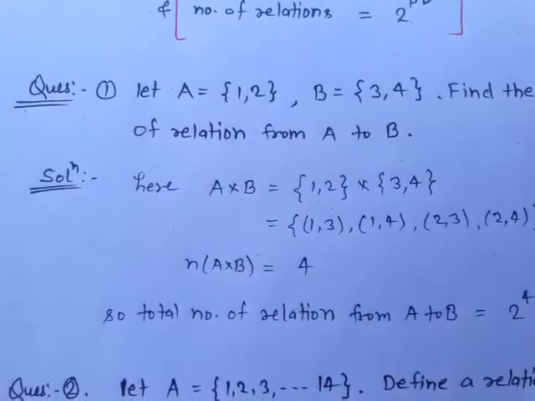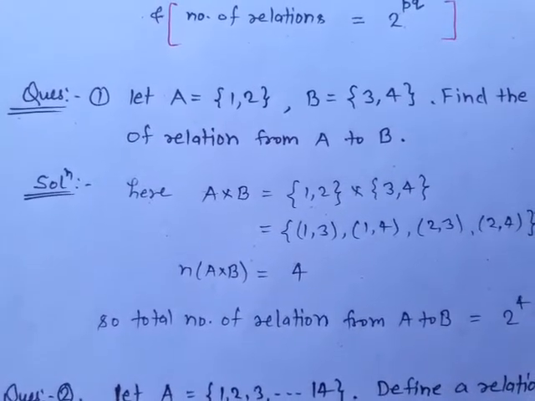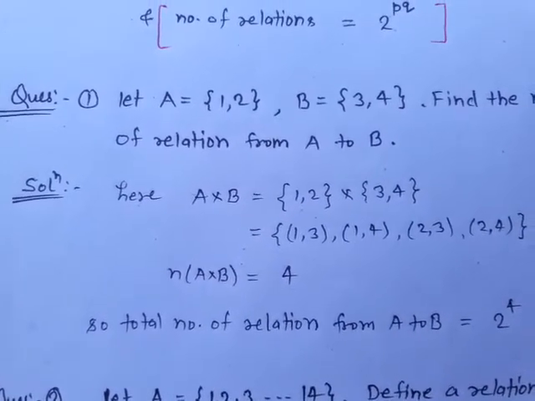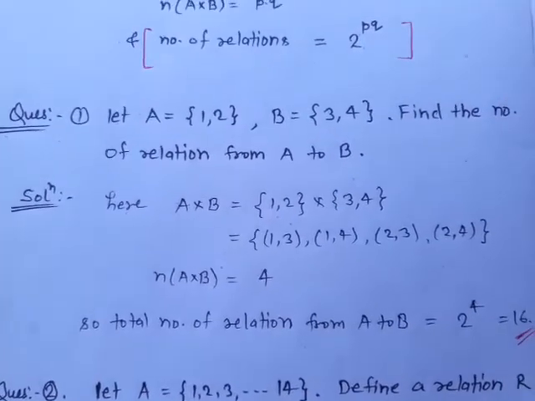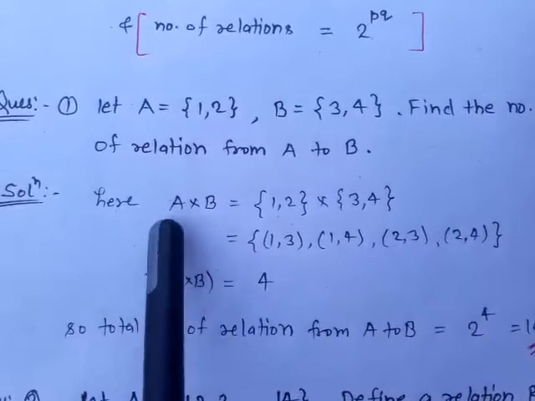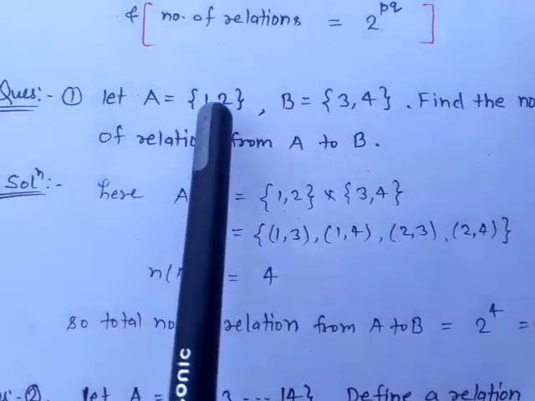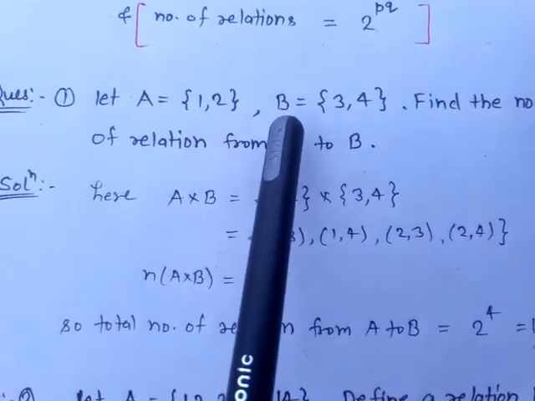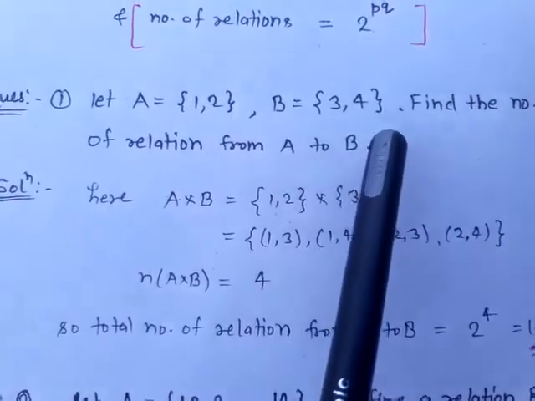First question: let A equal 1, 2 and B equal 3, 4. Find the number of relations from A to B. There are two sets, A having two elements 1, 2 and B having two elements 3, 4.